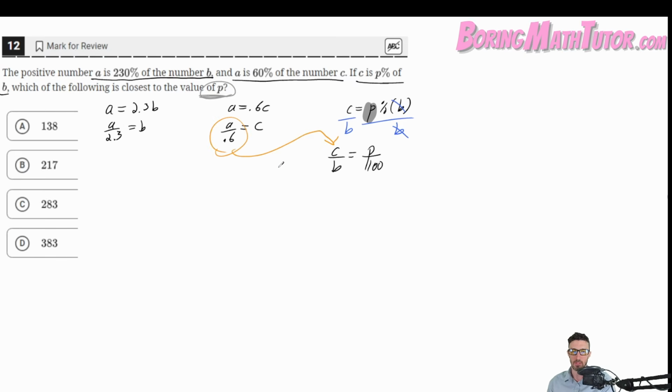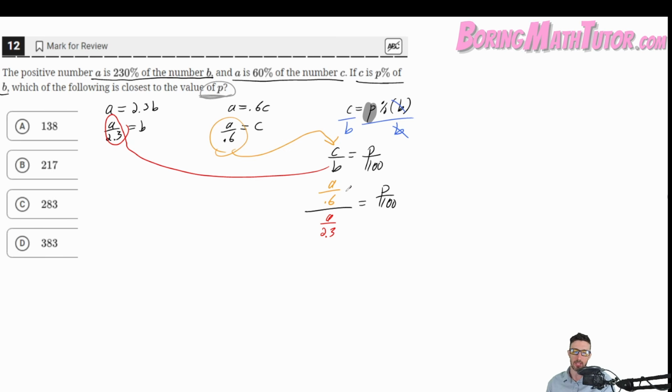So right where I see C, I can replace it with A over 0.6, and where I see my B, I can replace that with A over 2.3. Okay, but that's all equal to P over 100.